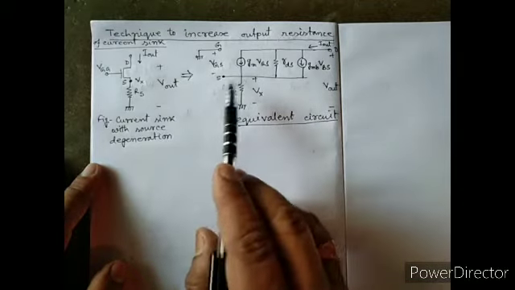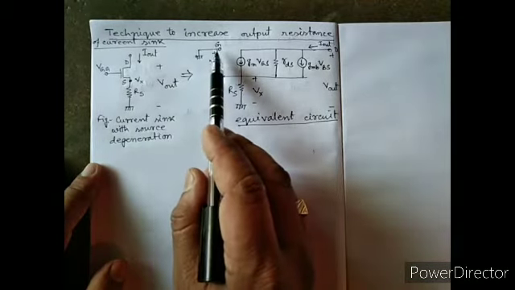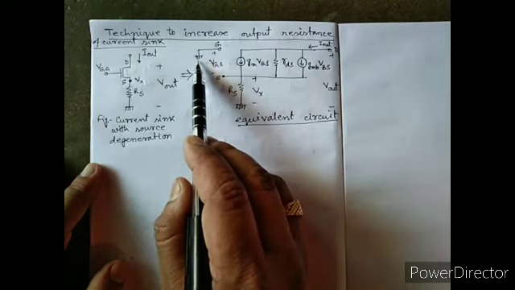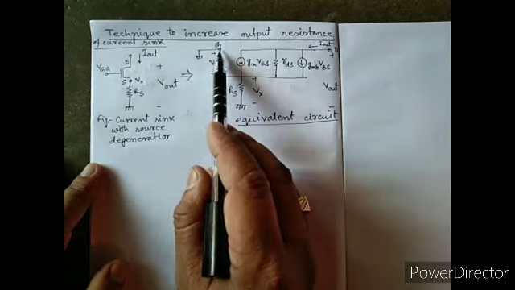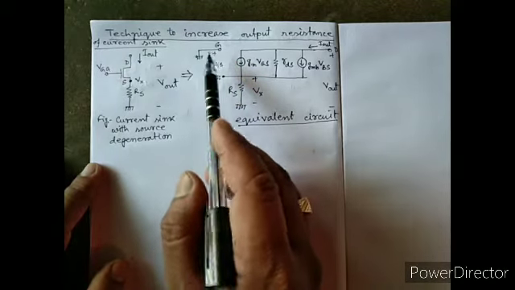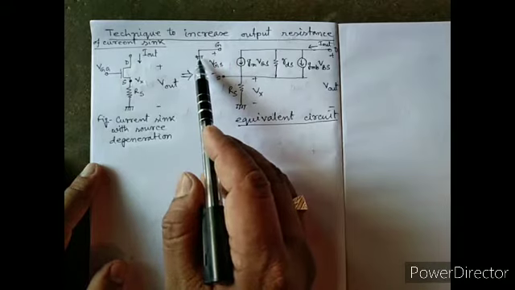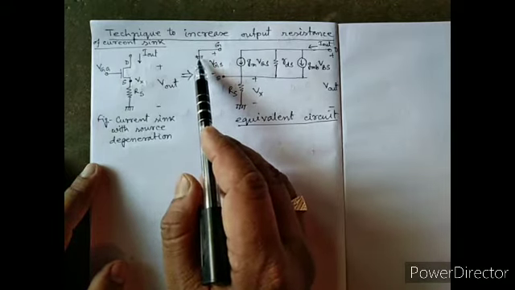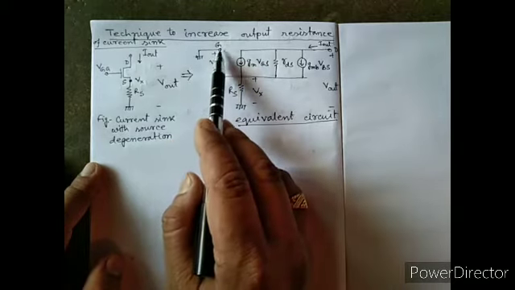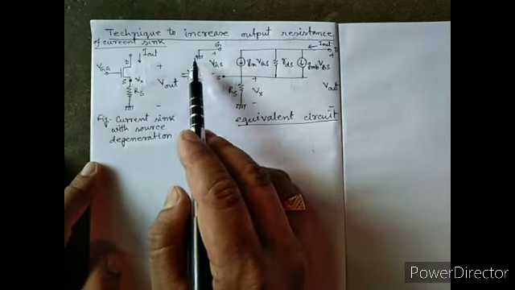This is an AC equivalent circuit, where the gate terminal is connected to ground. During AC analysis, we short the independent DC supply to ground. So this gate terminal is connected to ground.